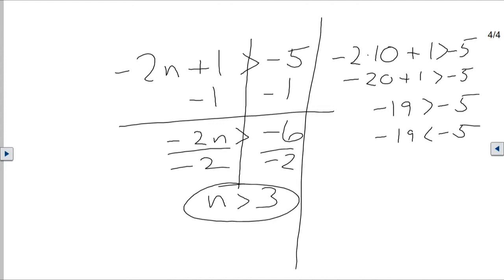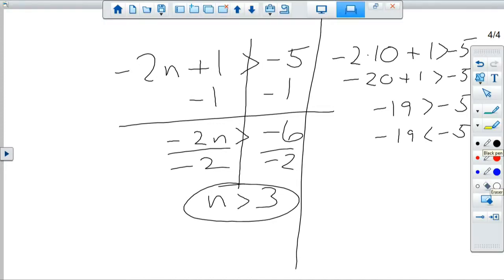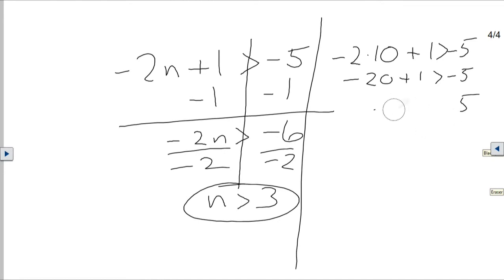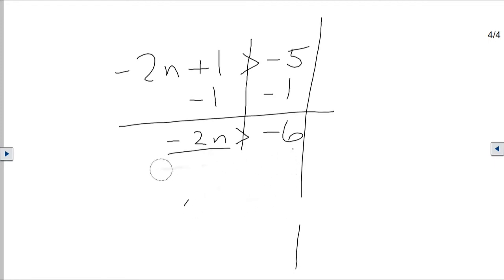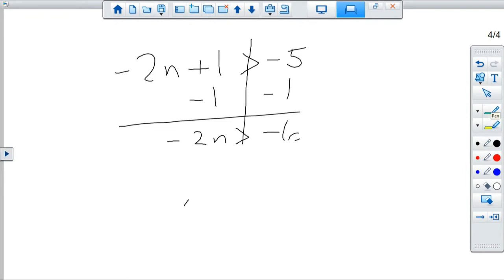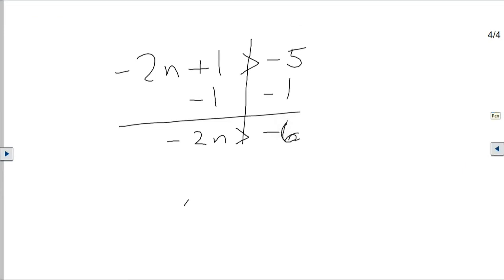So there's a special circumstance when we're dealing with inequalities. When we have our variable negative and we change it to a positive, so right now we're at this step and I want to change it to positive 1n, our rule is we have to flip the sign around.